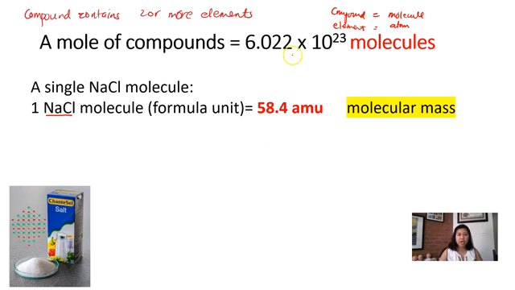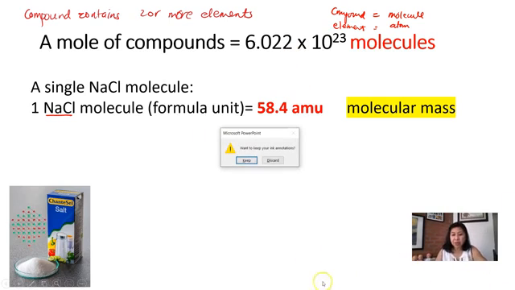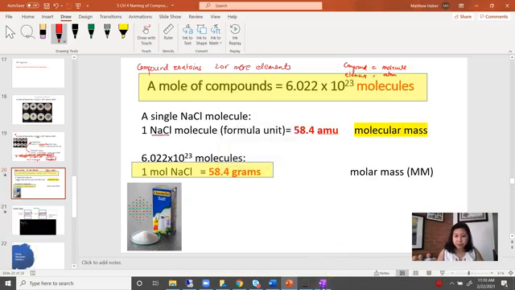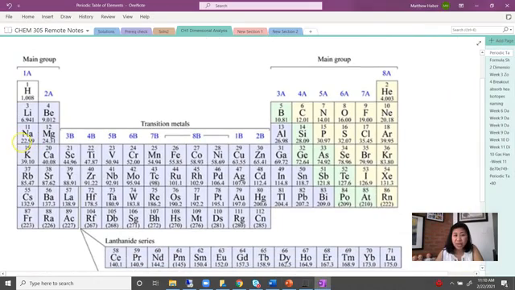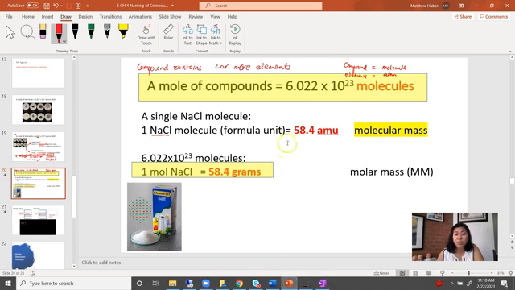If you look at the periodic table, your sodium atom weighs roughly 23 AMU, and one chlorine atom weighs 35. So 35 plus 22.99 will add up to 58. Okay, so the mass of one molecule is basically the mass of the individual atoms present in that molecule. For sodium chloride, it will contain one sodium and one chlorine.